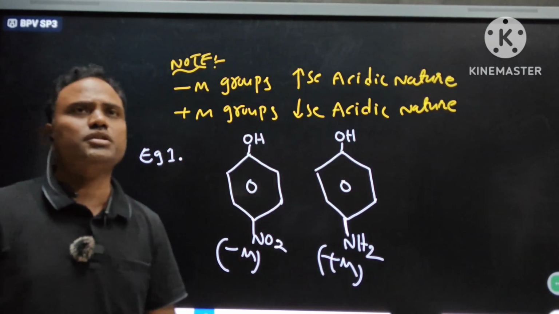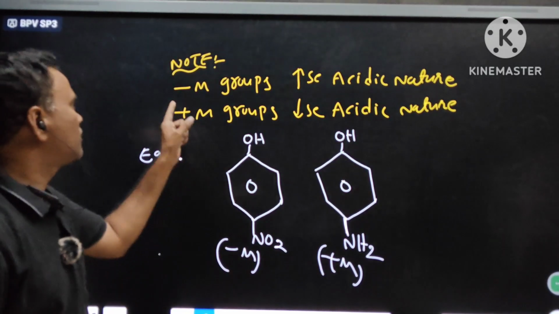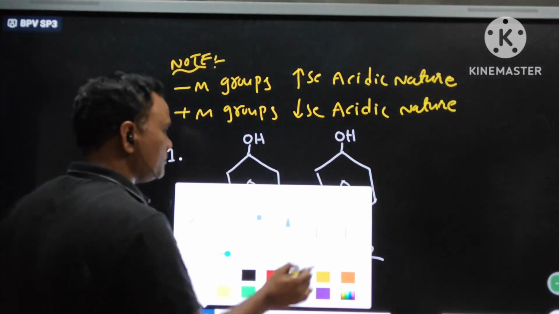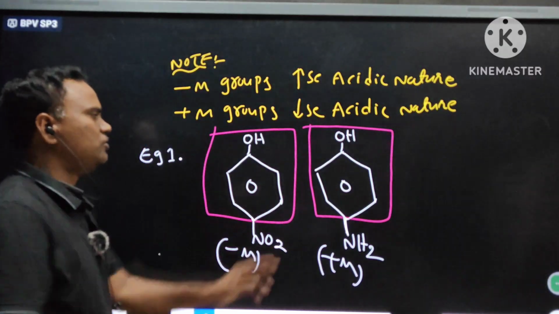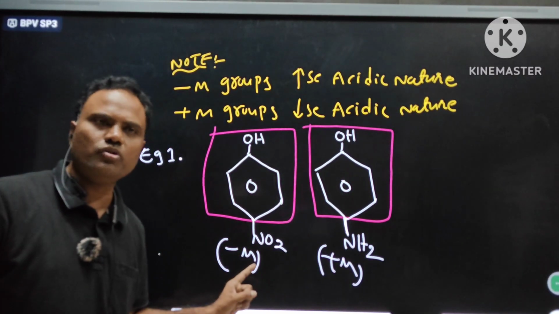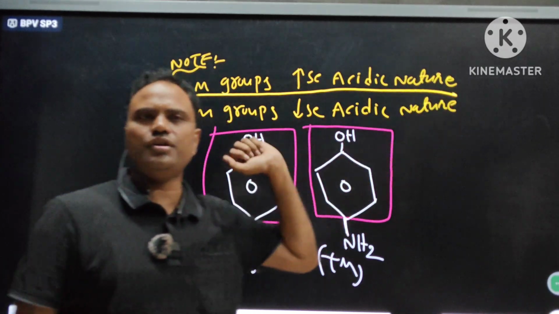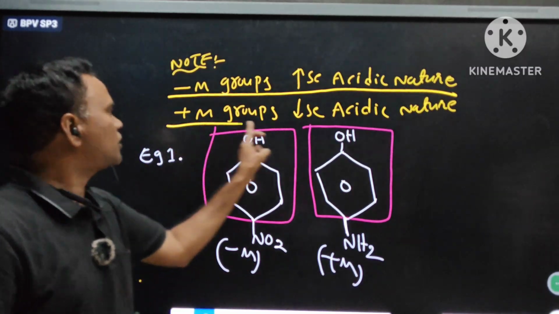Minus M groups increase acidic nature. Actually, this box is the phenol. To this phenol which is attached here, NO2 is which group? Minus M. Minus M groups increase acidic nature. NH2 is which group? Plus M. What will plus M groups do?